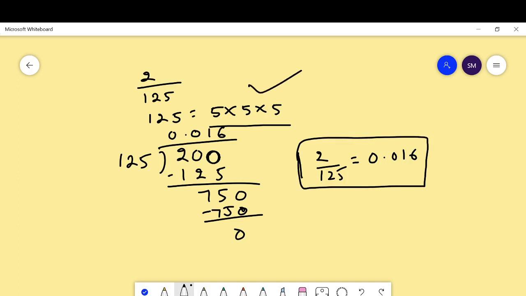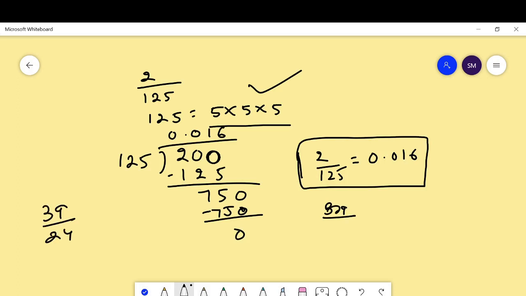Then solve another example which will give you clarity that if the denominator has factors other than 2 or 5, we cannot get a definite or terminating decimal number. Here take some more examples. Suppose 39 upon 24.